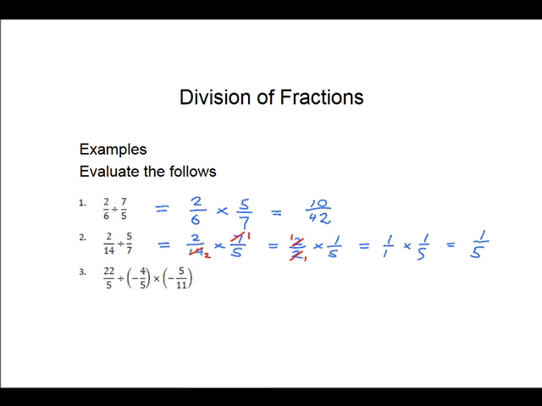Okay, let's look at this next one here. 2 negatives, the answer is going to be positive. Remember, now invert the fraction after the division sign. So it comes 5 over 4.